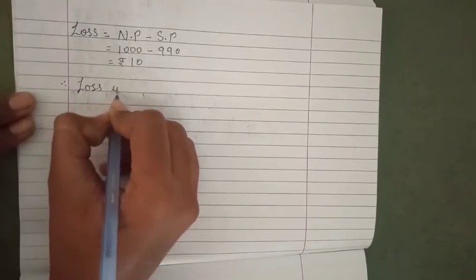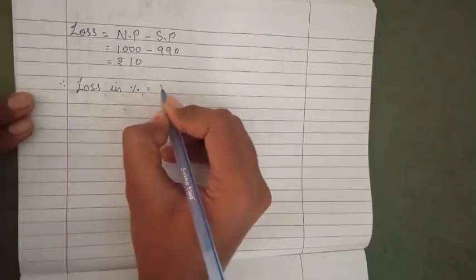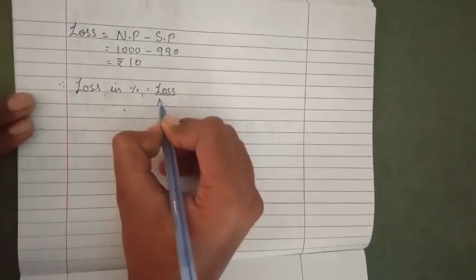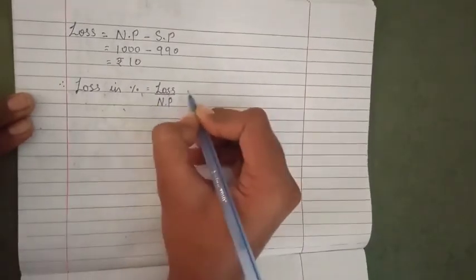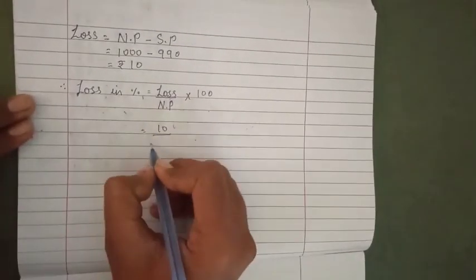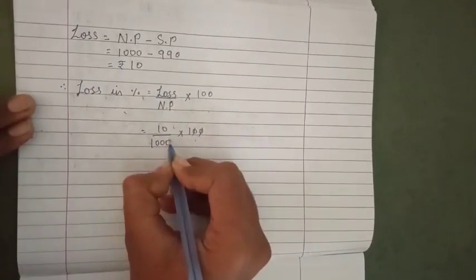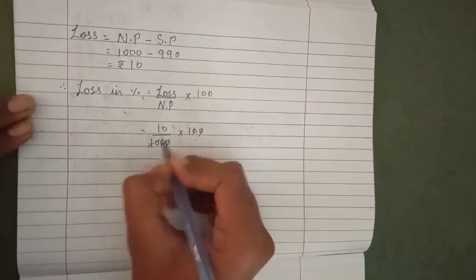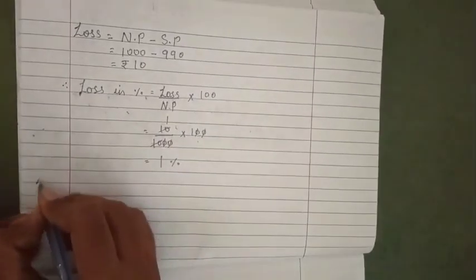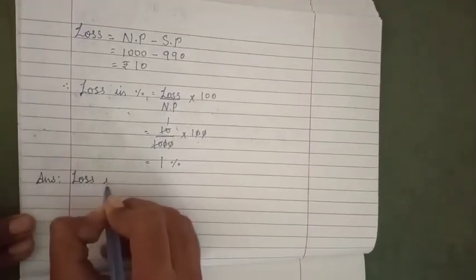Yes, loss in percentage. So students, what is the equation of loss in percentage? Loss by CP, but here we will take NP instead of CP, multiplied by 100. So loss is rupees 10, net price is 1000, multiplied by 100, the zeros will be cut out, and here also 10 ones are 10. So we'll get the answer 1%. So we'll write as an answer loss is 1%. Okay.